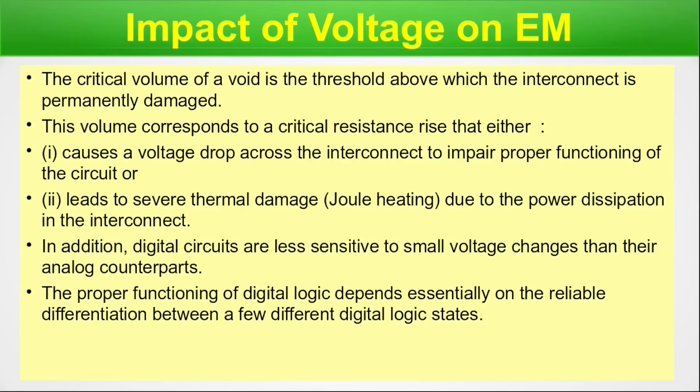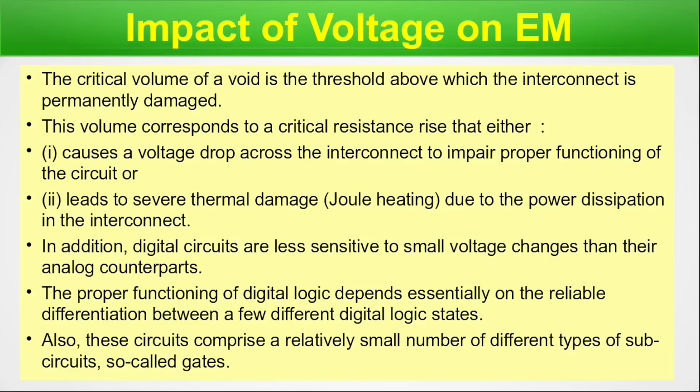The proper functioning of digital logic depends essentially on the reliable differentiation between a few different digital logic states. Also, these circuits comprise a relatively small number of different types of subcircuits called gates. We have discussed a lot of points regarding the impact of voltage on EM. It's a bit different from how current impacts EM.